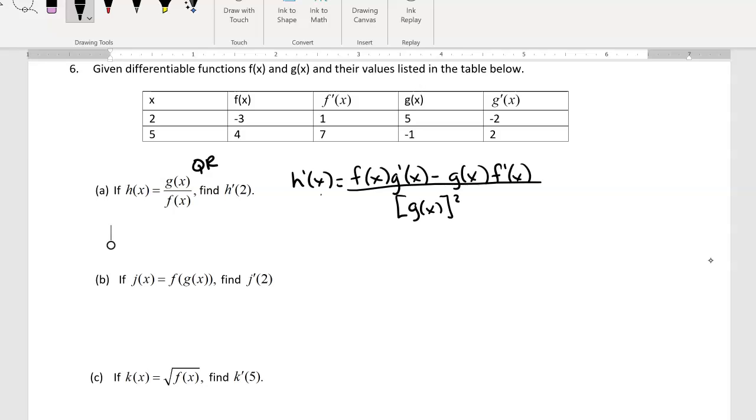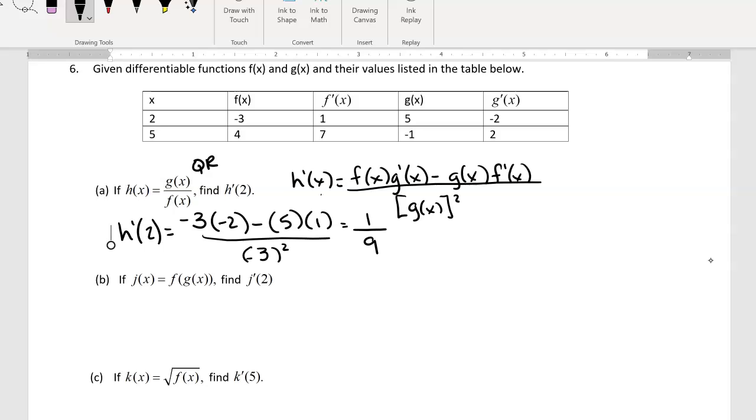So that's important. And then plugging in 2, we have f of 2, which is -3, g prime of 2, which is -2, minus g of 2, which is 5, f prime of 2 is 1, and you have 6 minus 5, which is 1, over, I believe that's -3 squared, and your answer is 1/9.